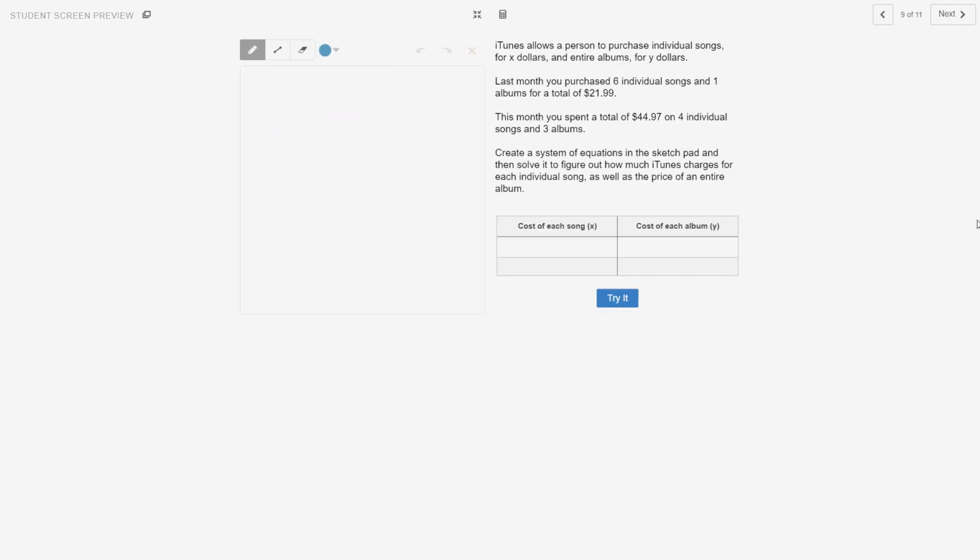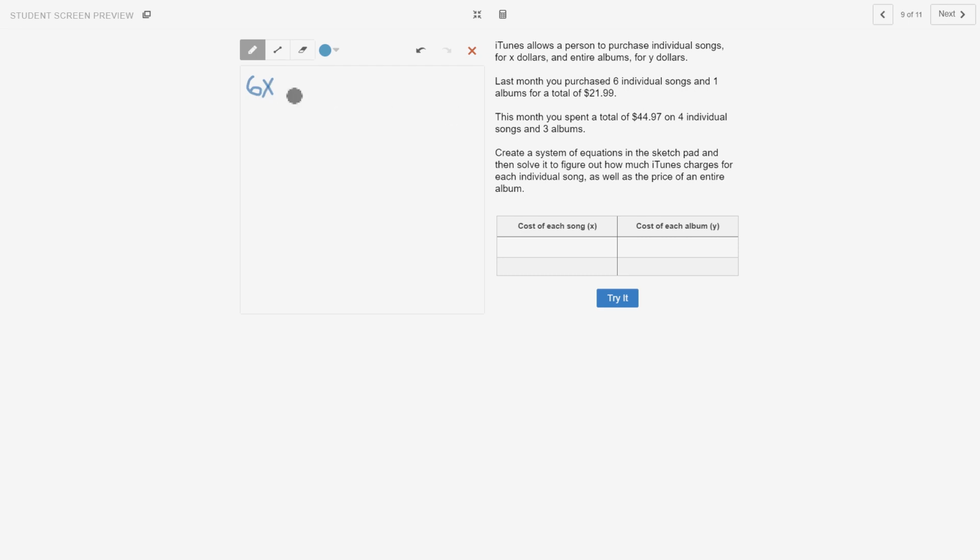All right. So on here, I'm going to let you read this on your own. You don't need me to read it for you, I don't think. But they've defined your variables. X is the cost of each song. Y is the cost of each album. So I'm going to have to come up with two equations. Well, they tell us that I purchased 6 individual songs. So each individual song is X. So I'm going to have 6X.